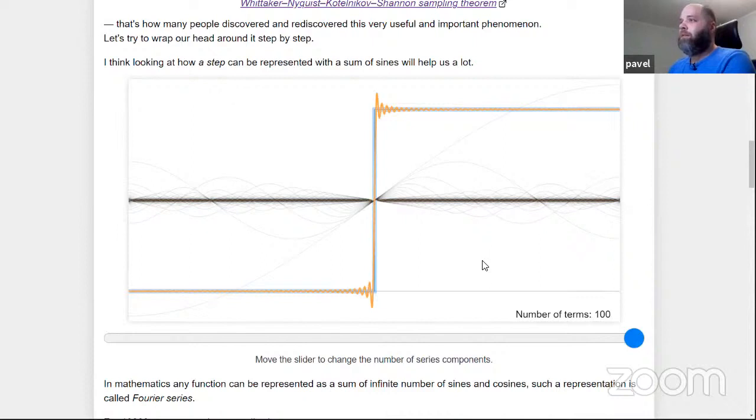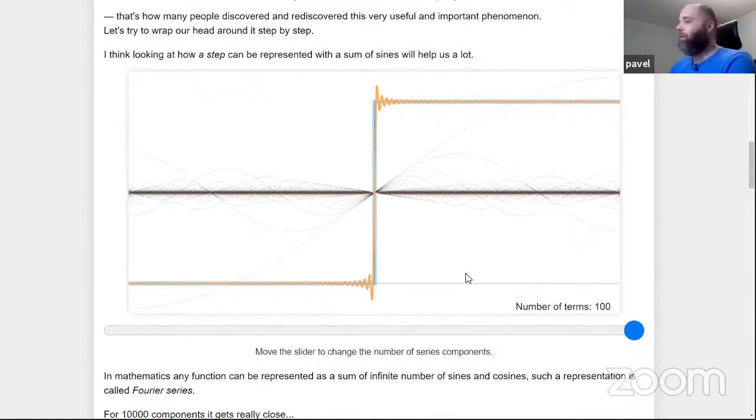And in practice, this is impossible because we can't sum an infinite number of sines. We cannot represent this step function with sines in practice, but we can represent it with some order of closeness of approximation.